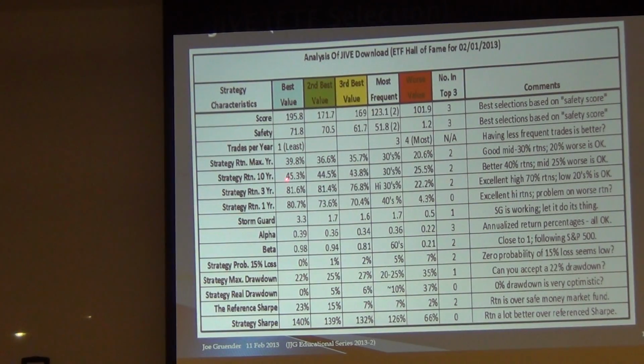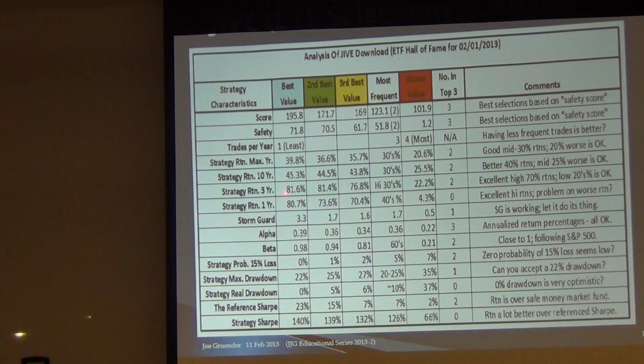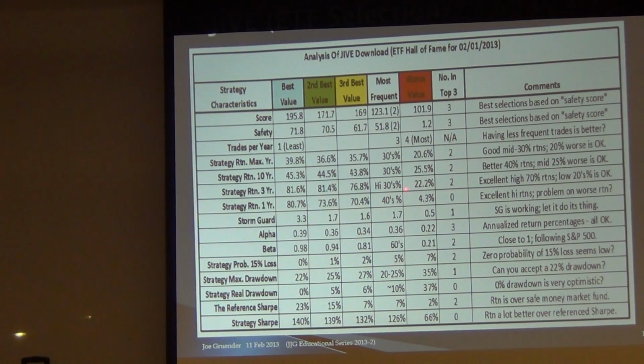On a 10-year basis, it ranges from 45% annual return to 25%. Once again, that's pretty good. The top, 81% on a 3-year return to the lowest of 22%. Excellent high 70% returns. 20% is still, I think, okay. So far we're doing good.